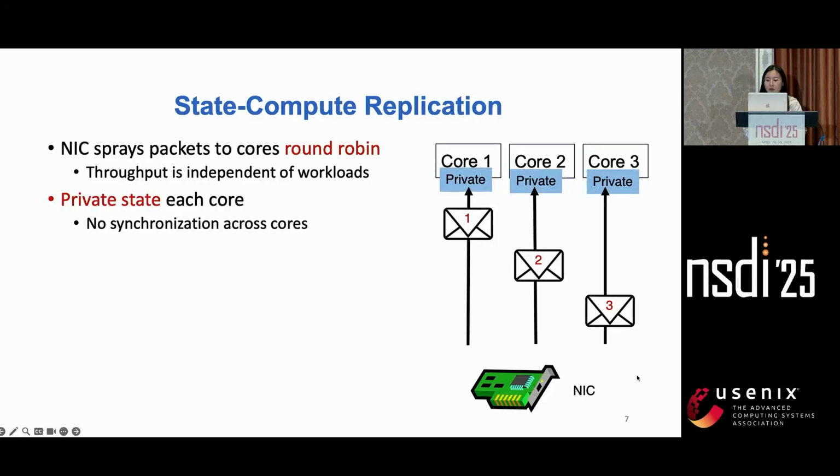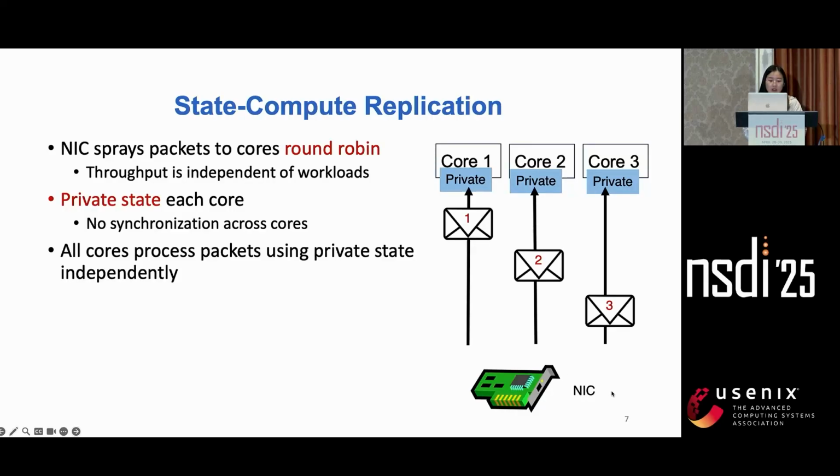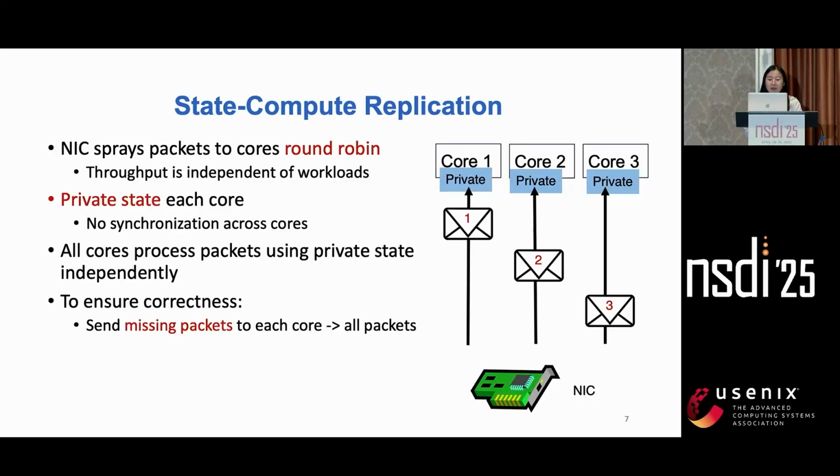Second, each core has private state. There's no synchronization cost across cores, and all cores process packets using private state independently. But as we can see, the processing is incorrect because core 2 misses packet 1, and core 3 misses packet 1 and packet 2.